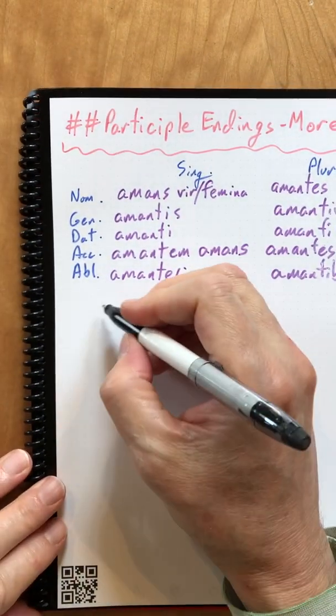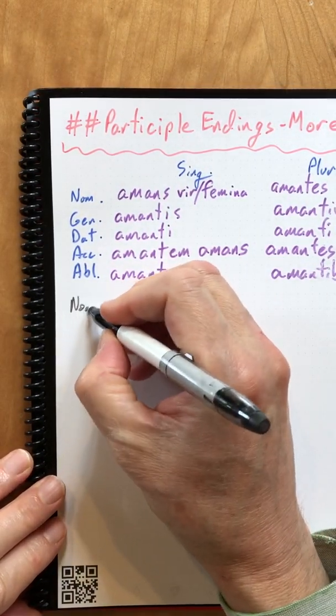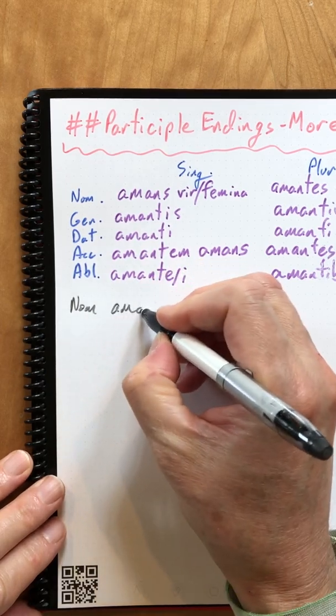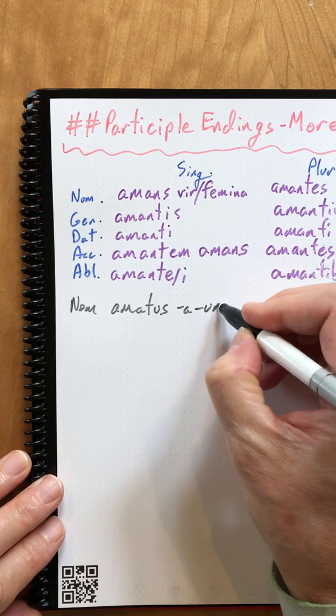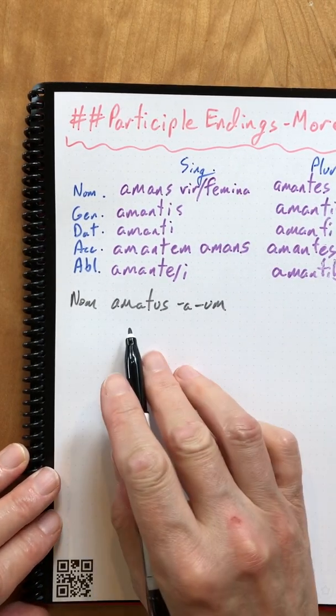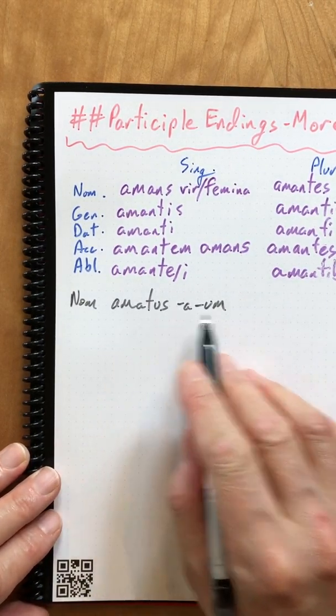The perfect passive begins with the nominative amatus. Now, that's going to change depending on the gender. Amatus, masculine, feminine, neuter.